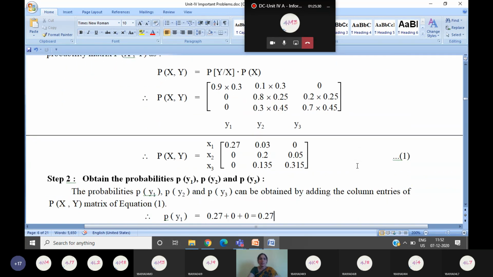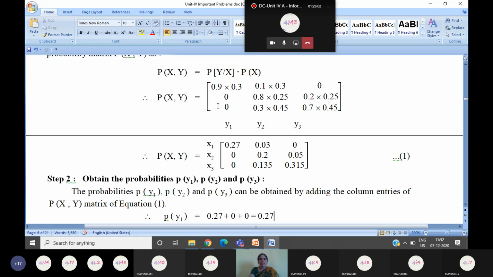Next, multiplying like this, 0.9 into 0.3 is 0.27. Next, 0.1 into 0.3 is 0.03. And the third element is 0. Next, the second row: 0, 0.8 into 0.25, that is 0.2. Next, 0.2 into 0.25, that is 0.05.